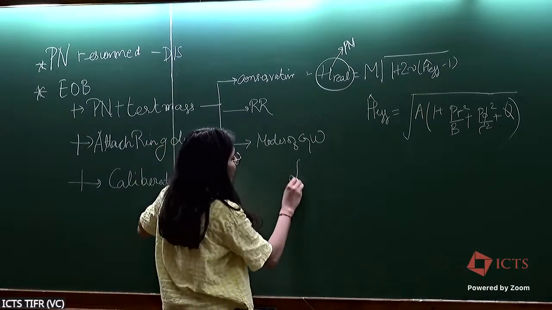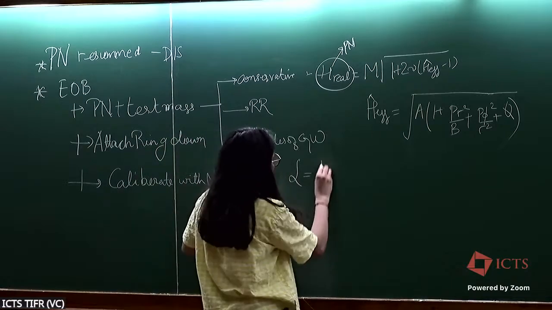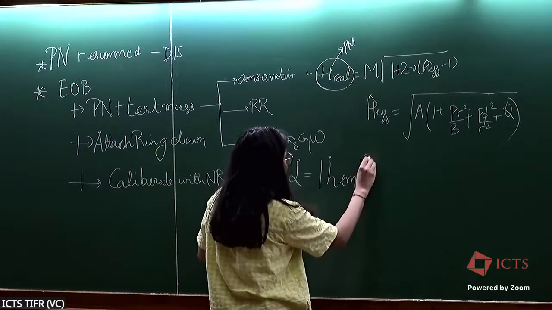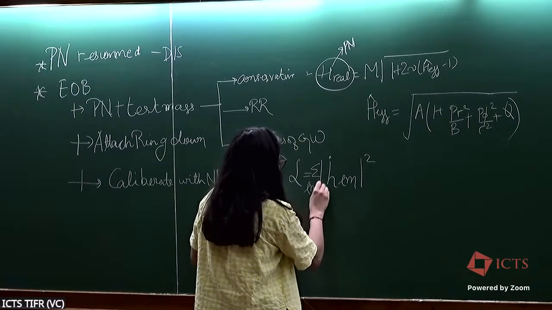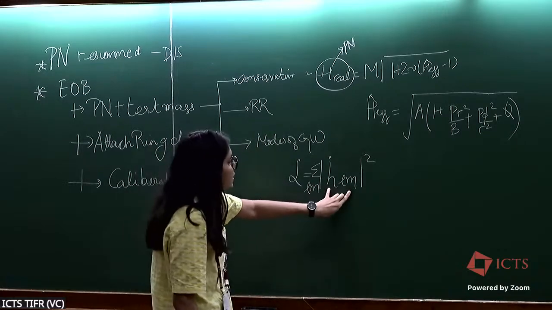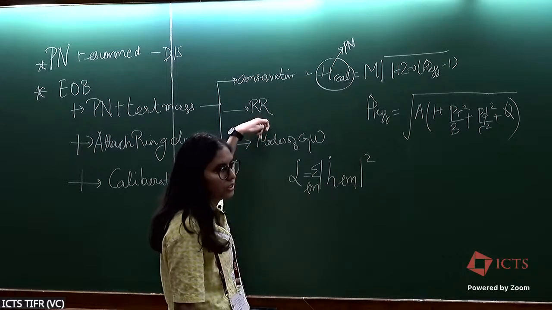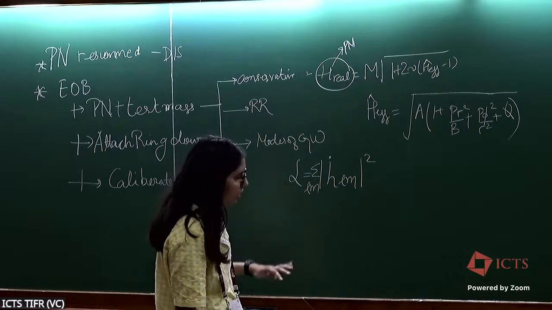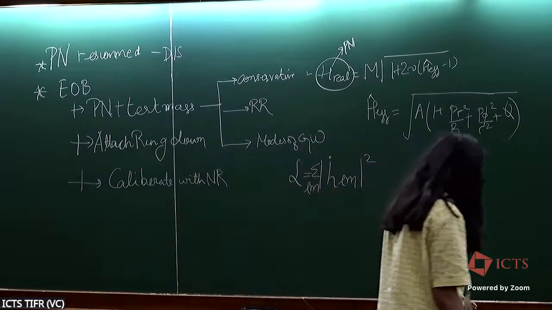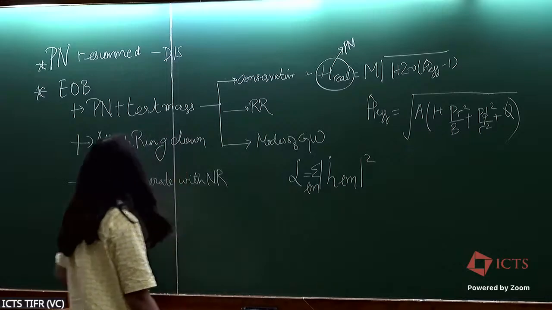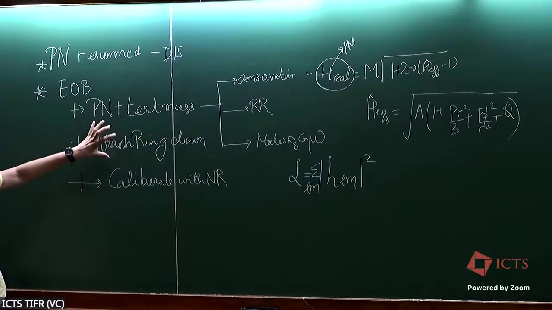The gravitational wave modes are related to the flux and the luminosity like this. So if we have resummed the gravitational wave modes, in some sense we have also resummed the radiation reaction force. Then we added all this information into the equations of motion and obtained the waveform for the inspiral-plunge part. And then we attached the ringdown to it.